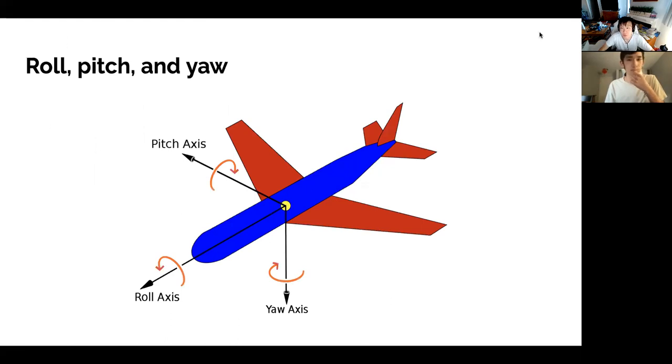Yeah, and so this brings us back to the roll, pitch, and yaw. So roll is kind of like if you have a line going through your quadcopter frame, roll would be like the tilt, right? And then yaw would be the rotation itself of the quadcopter, and pitch would be if your quadcopter was facing forward, it'd be like tilting up and down.